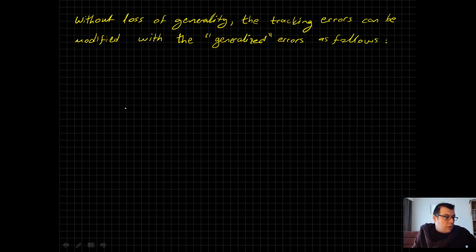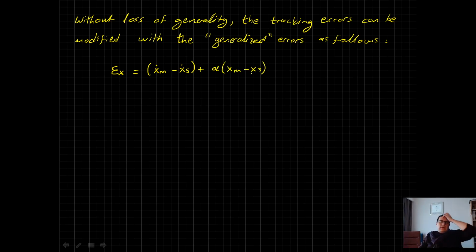So we can write here that position tracking is enforced by this error rather than the error given in the previous slide, that is x master dot minus x slave dot plus some coefficient alpha times x master minus x slave. So in other words, let me say this.